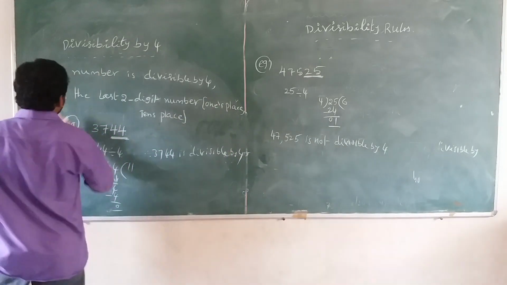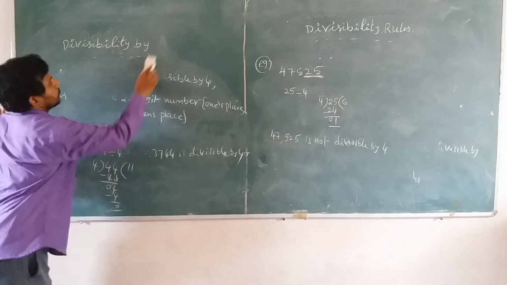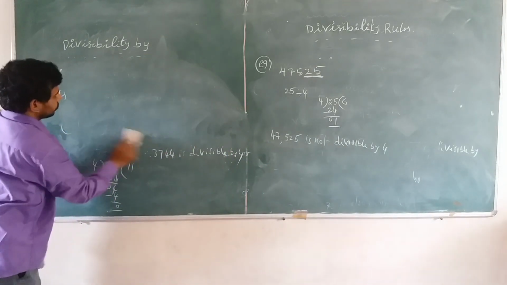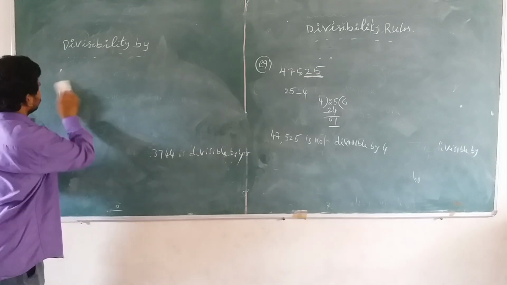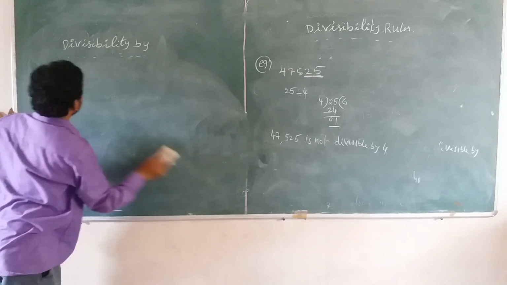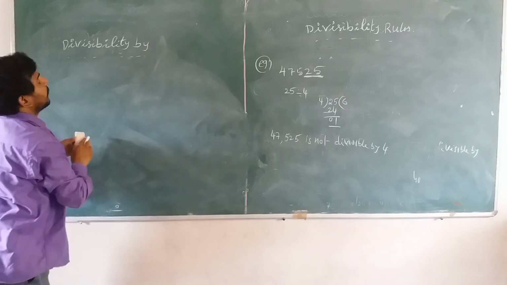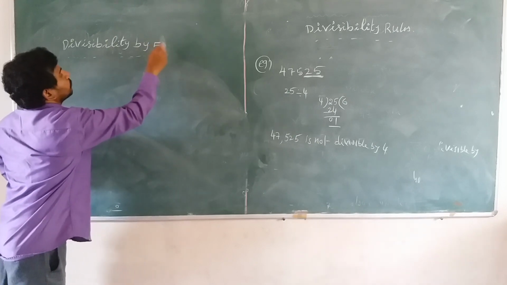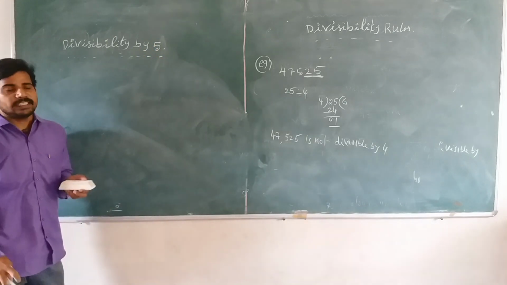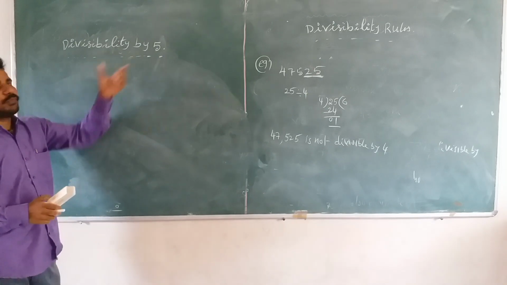Divisibility by 5. Once see, children, divisibility by 5.